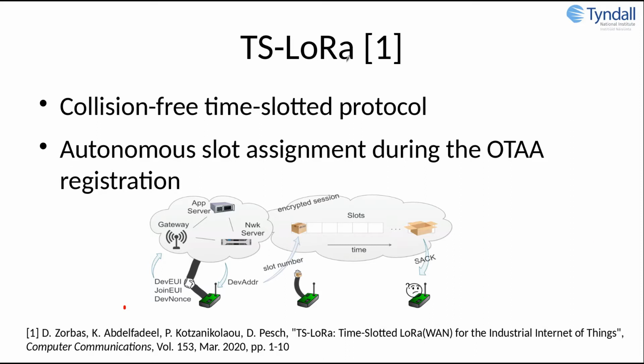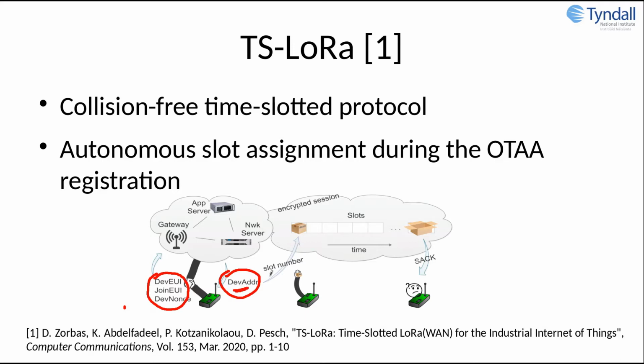So during this registration, the nodes send some information like the device EUI, something like a MAC address, along with some other fields, and it gets back, along with some other fields, the device address.